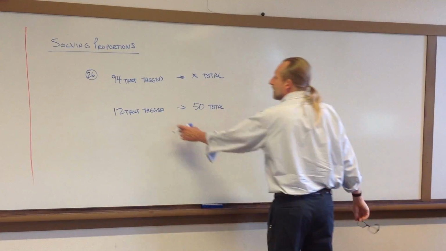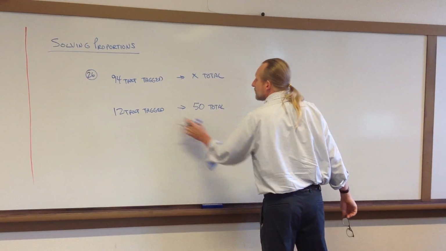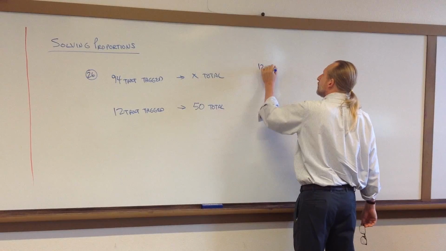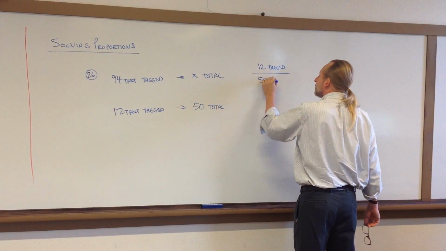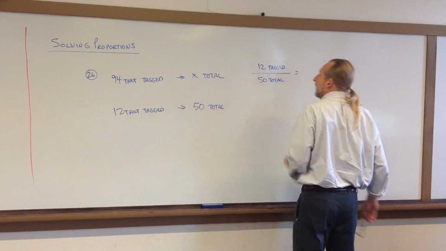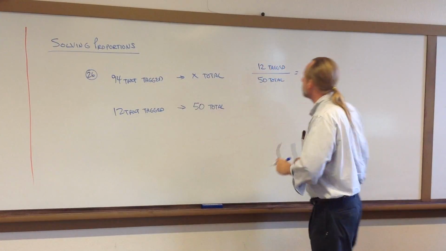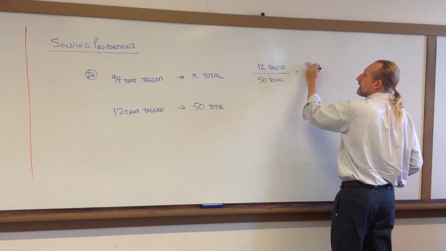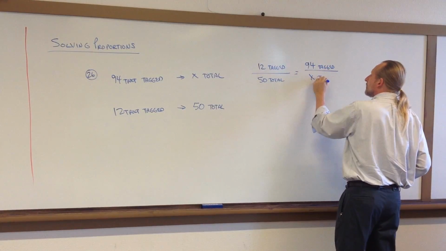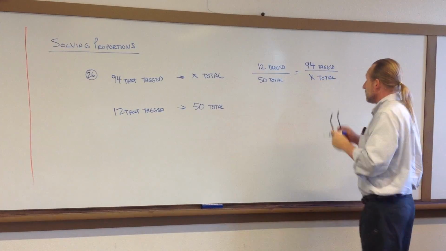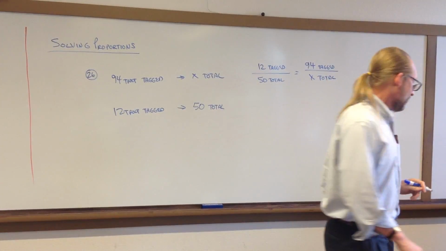So let's see. I'll set up a proportion using these two. So we know that we've got 12 tagged out of 50 total. And then up here we want to put the tagged fish along with the tagged fish on the top. And then we'll solve for the total down here. All right.